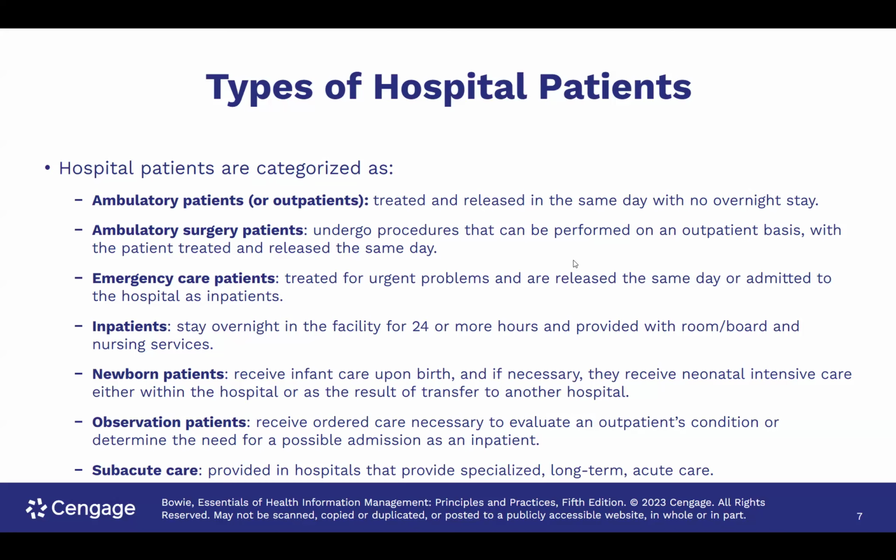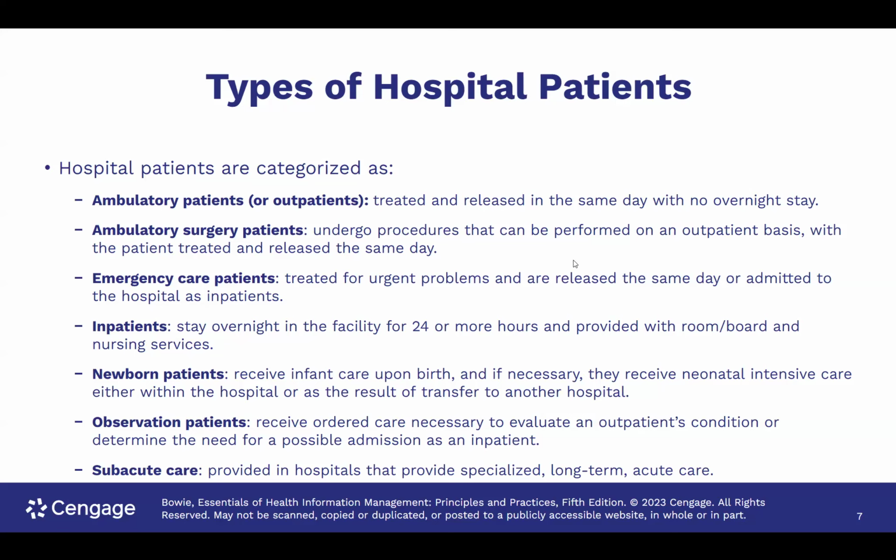And when we use the term inpatients, we're talking about patients who stay overnight in the facility for 24 hours or more. And they're given a room, a hospital bed, and nursing services. Newborn patients are patients who are admitted by the act of being born in the hospital.